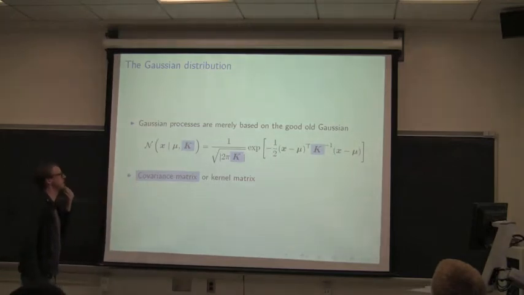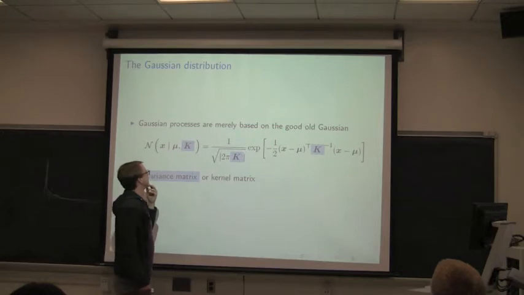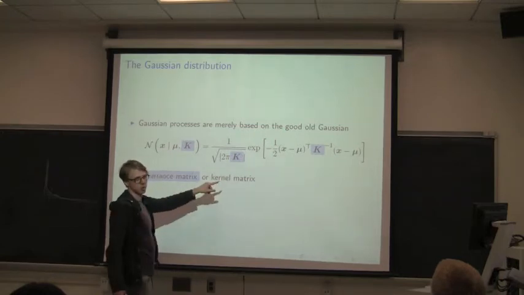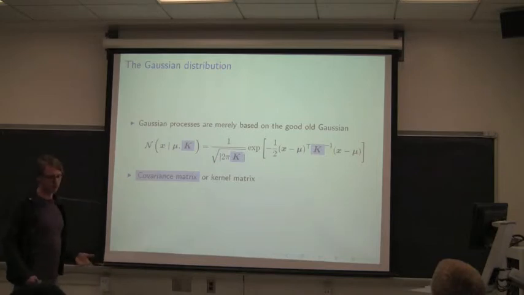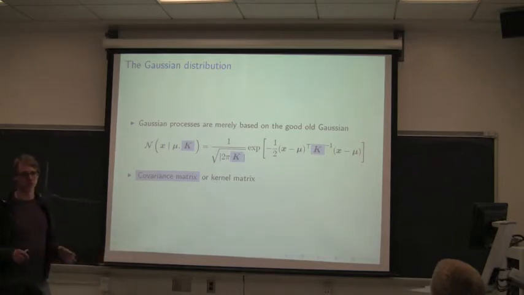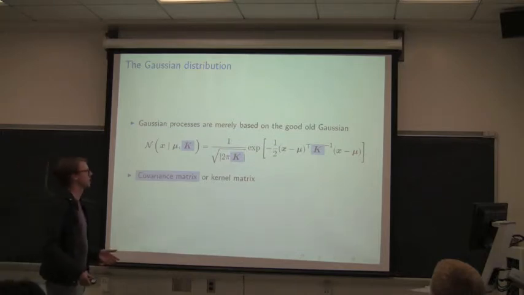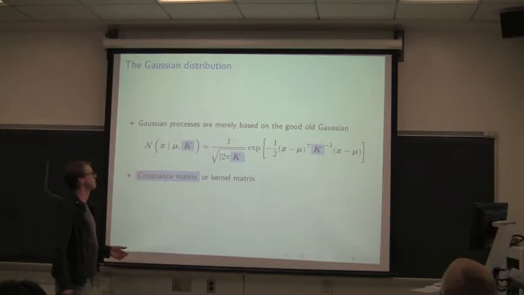And this covariance matrix is now absolutely central. People also call it a kernel. We'll come to why in a bit, because kernels are used in support vector machines, but those are the same types of kernels. Basically, if you plug the kernels of a support vector machine into a Gaussian distribution, they would be a covariance matrix.